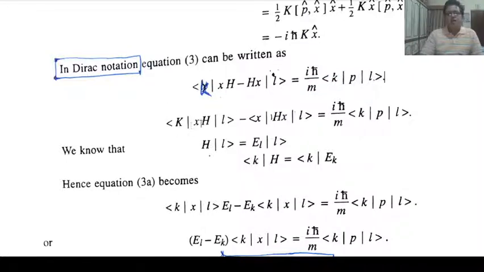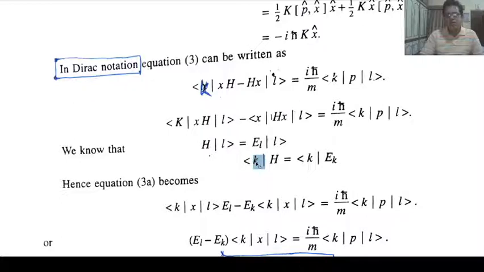Similarly, we can rearrange this equation in two parts. Here H ket L, that means H psi L equals E L psi L. Ket L means psi L. That means H psi L equals EL psi L. Very simple notation.